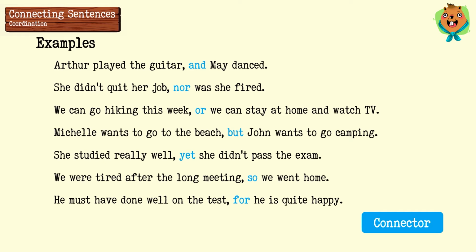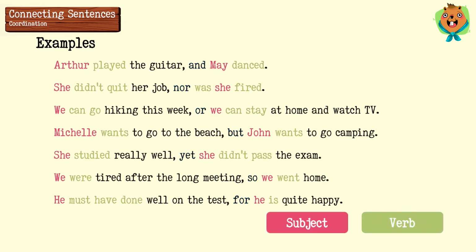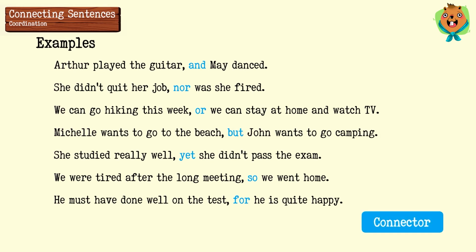Now, look at the sentences again and notice the following. Firstly, in both sentences on both sides of the coordinating conjunctions, there are subjects and verbs, even if we have the same subject. Secondly, the coordinating conjunction is used only between two clauses or sentences, and it is not possible to start a compound sentence with a coordinating conjunction.